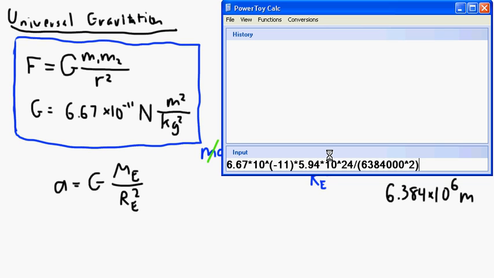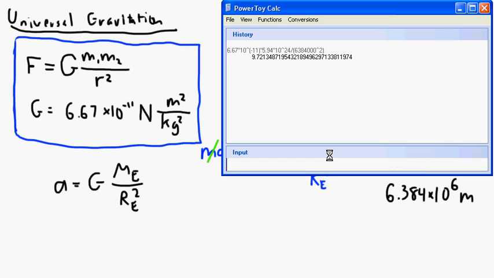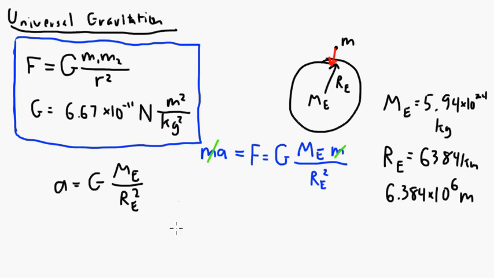So I'm not going to do the 10 to the whatever for that. And let's see what we get. And look, right there, 9.72.